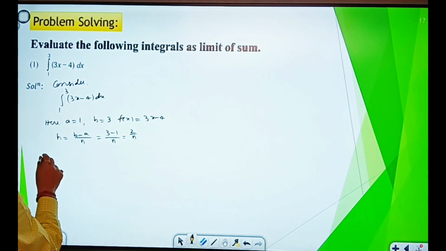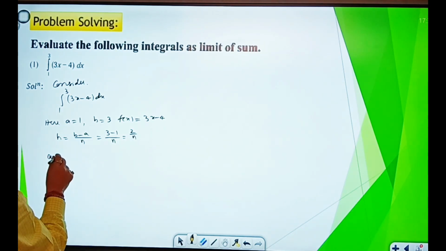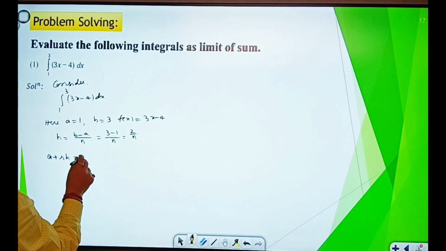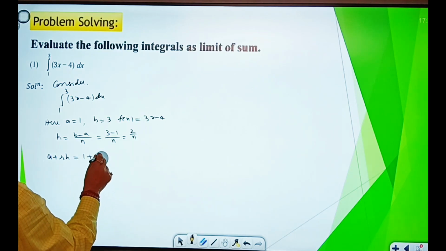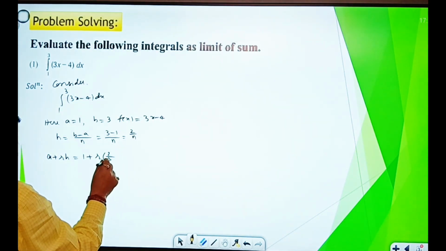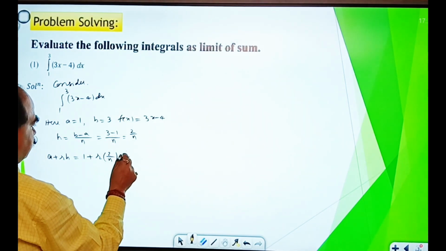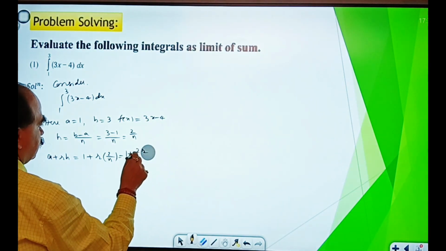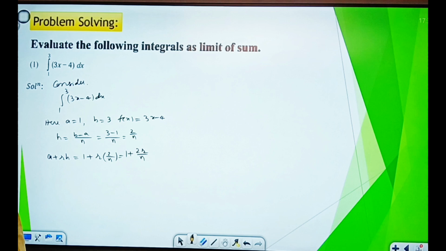Then find out a plus rh. 1 plus r into h, which is 2 by n, which is 1 plus 2r by n.